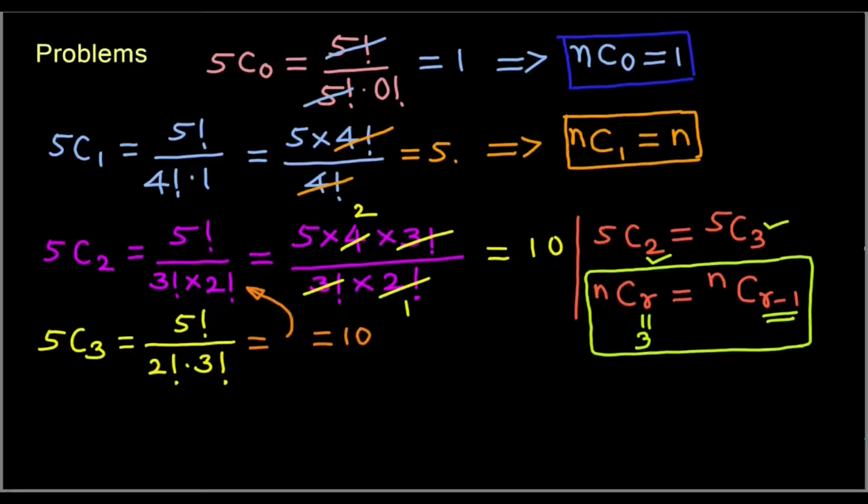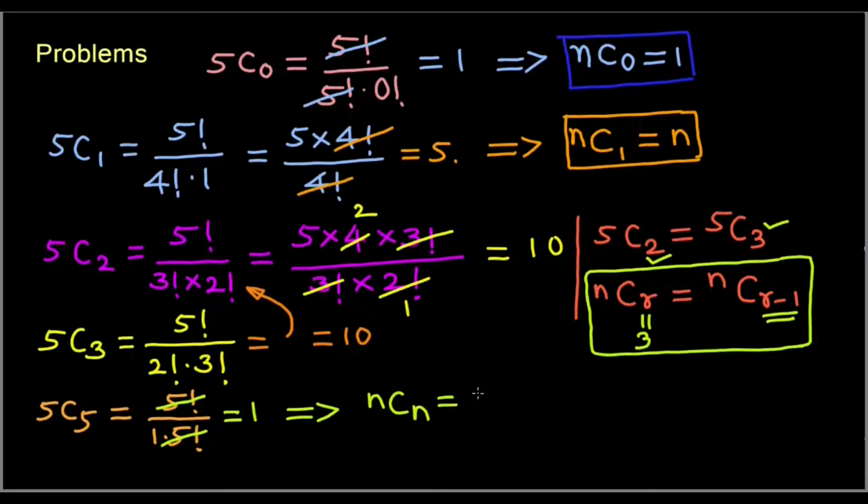Next we will see how to calculate 5C5. It will be 5 factorial upon (5 minus 5, that is 0) factorial, which is 1, multiplied by this 5 factorial. So the same terms are in the numerator and denominator, which get cancelled and it gives us 1. So in general we can say that nCn equals 1.